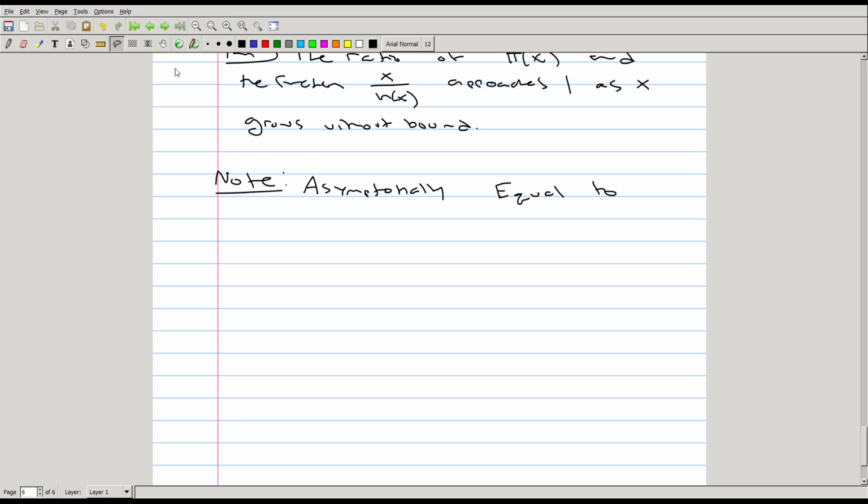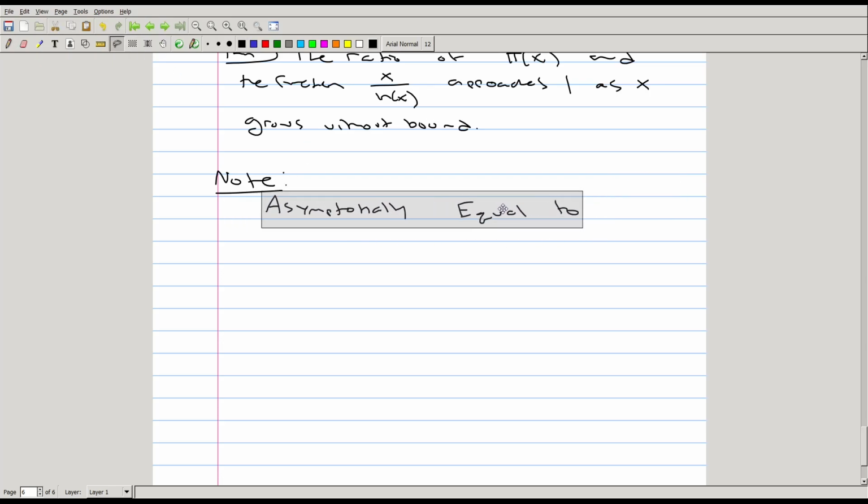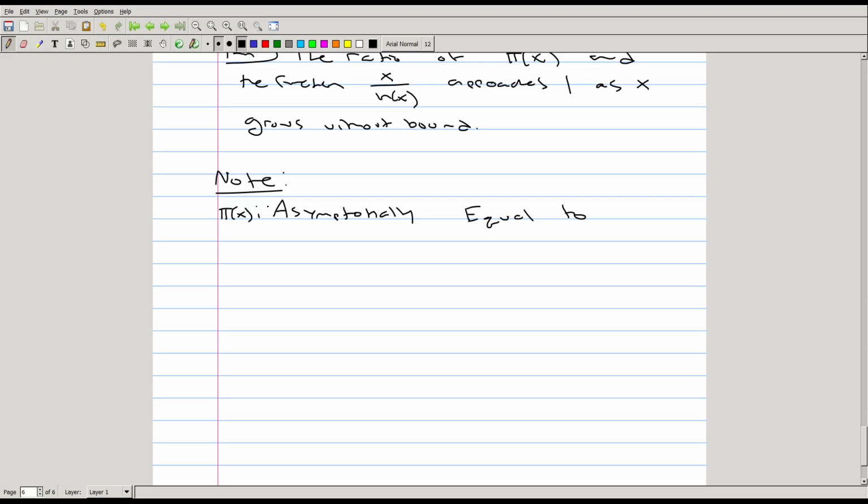So what this theorem is saying is that the prime counting function pi of x is asymptotically equal to the function x over natural log of x.